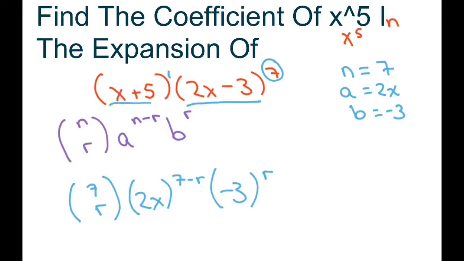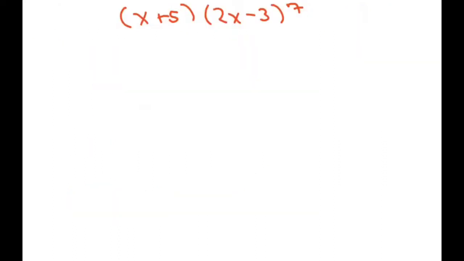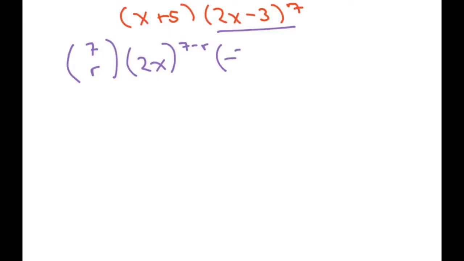And then what I'm going to do is distribute x plus 5 to that. So let's get started on it. I'm going to do this again. So we have n, which is 7, choose r, 2x to the 7 minus r, and then -3 to the r.